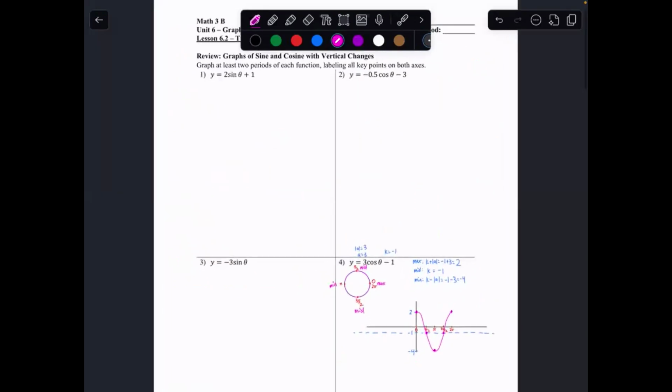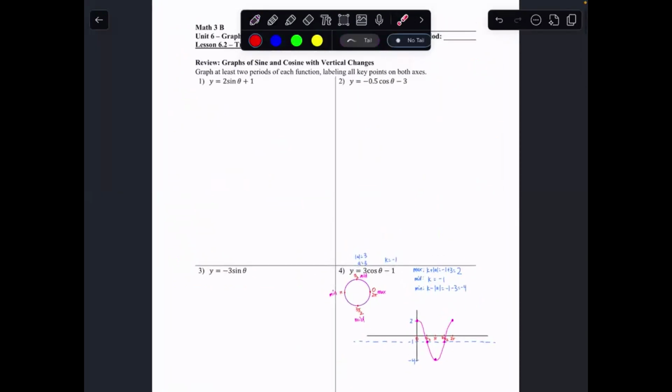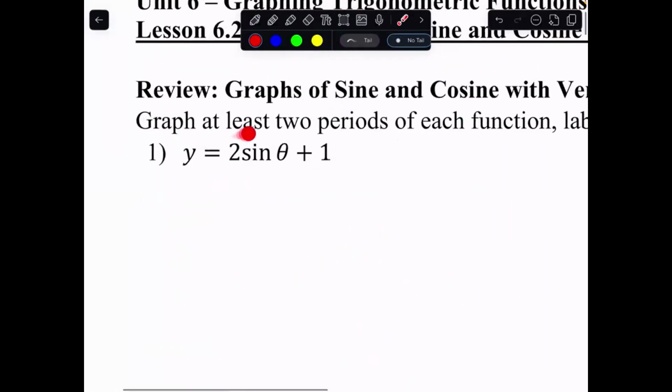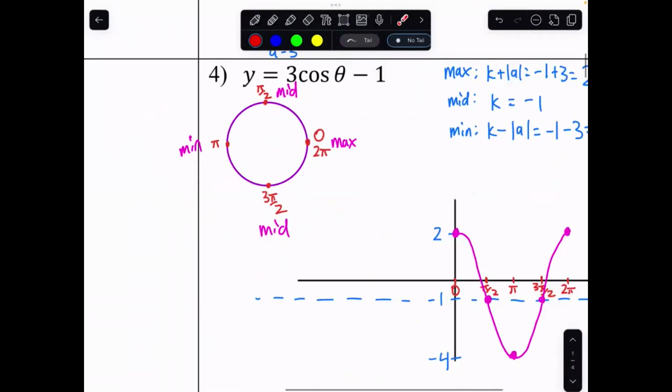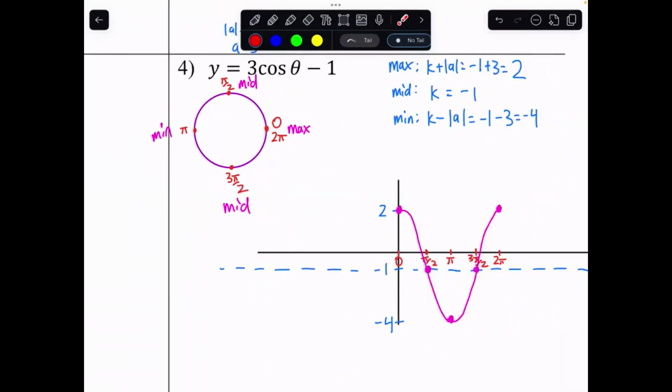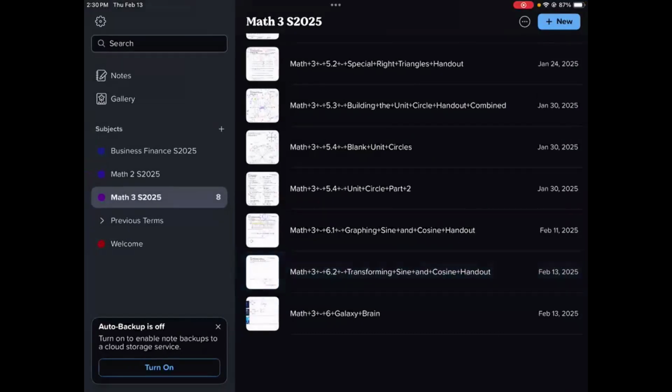Okay, so introducing a little bit more vocabulary. If you look back at the instructions for this page, I asked you to graph at least 2 what are called periods. Okay, so a period is basically one cycle of the graph before it starts repeating. Okay, so let me go back and show you a graph from last class.